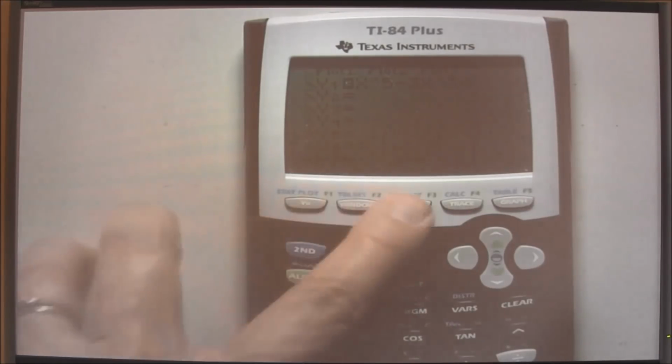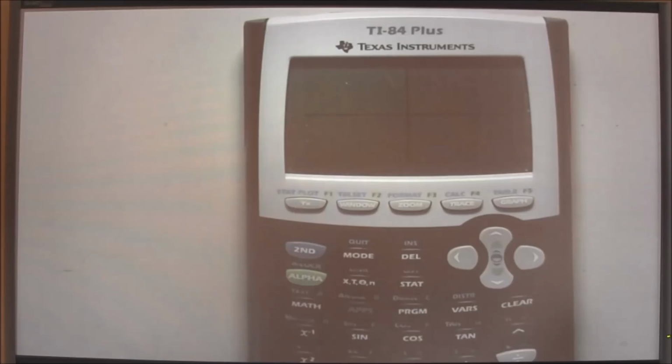And then I'm going to hit zoom 6 to put it in the standard window, which often helps. And I can actually see everything. Now to know where this is increasing and decreasing, I need to know what those relative extrema are, the relative max, relative min. So this is where you do second trace.